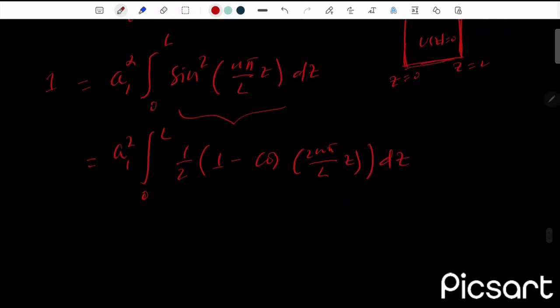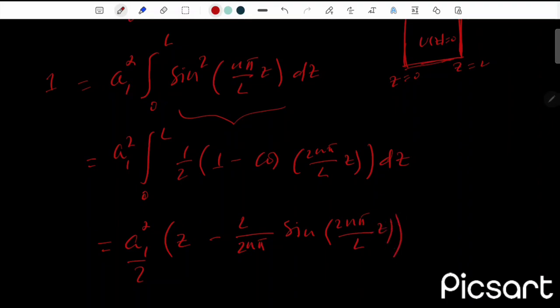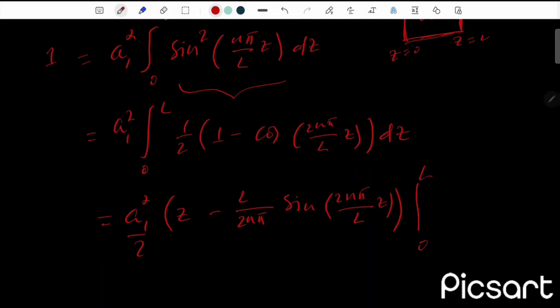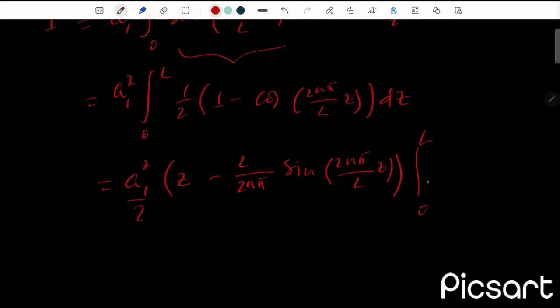Now, as the result of the integration, we get a1 square over 2 times z minus L over 2n pi times sine of 2n pi over L times z, between 0 and L. If z is equal to L, we simplify L by L and have only 2n pi, whose sine is equal to 0.